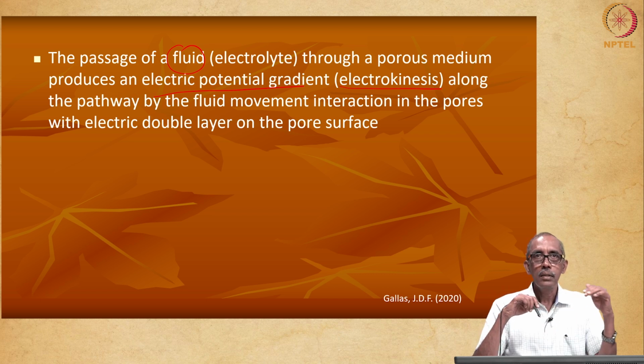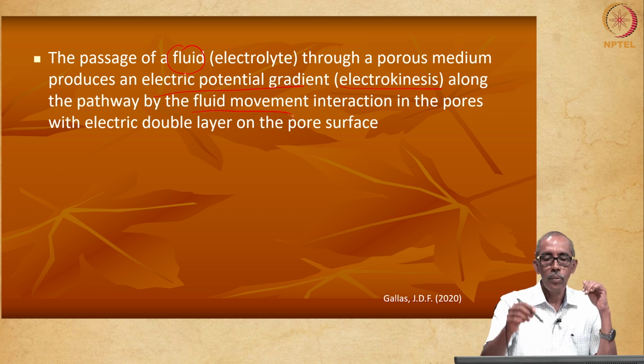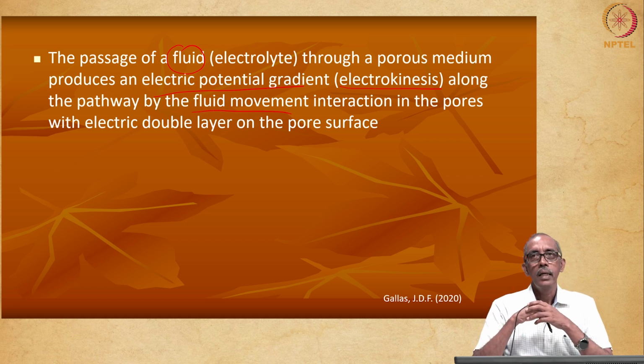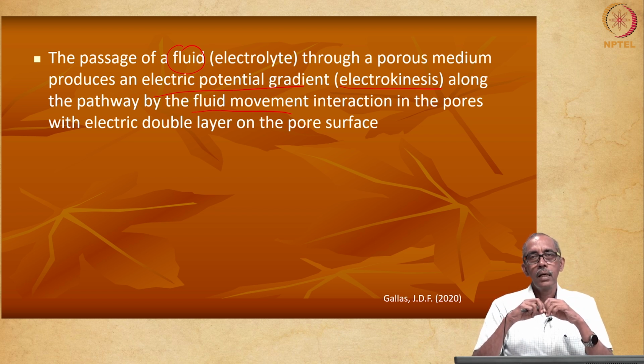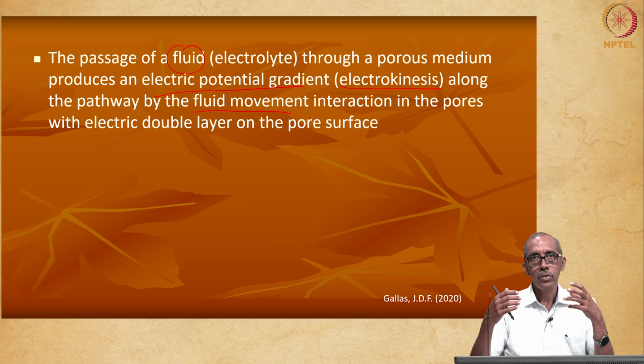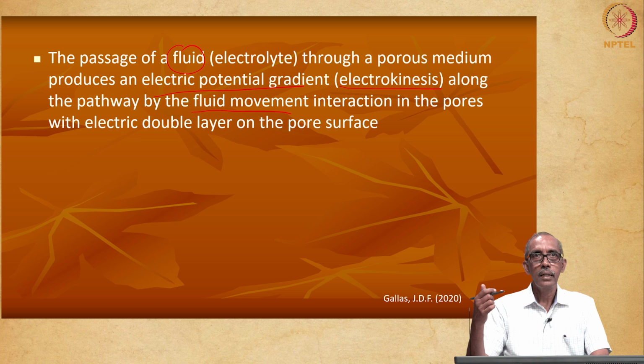So, along the pathway of fluid movement or the groundwater movement, interaction in the pores with the electric double layer results into electrical potential. So, what is electric double layer, right?